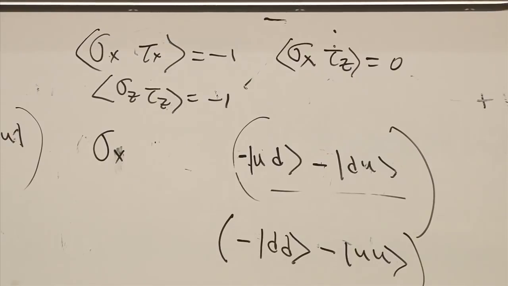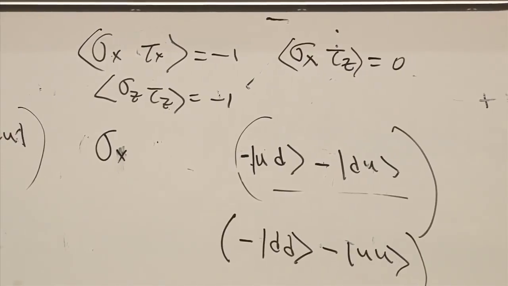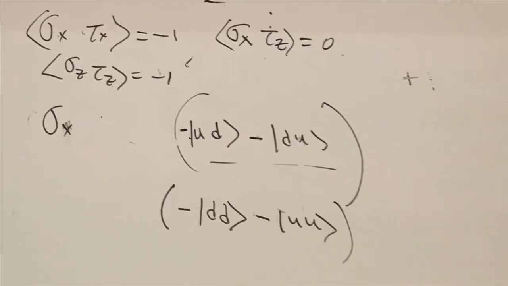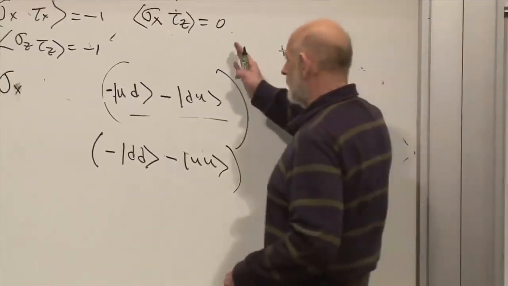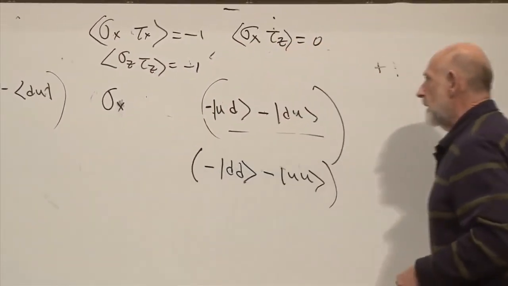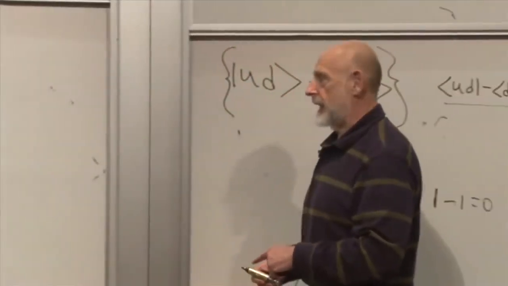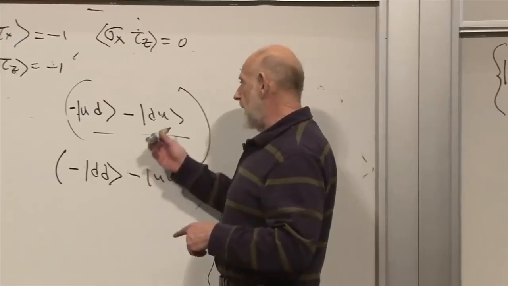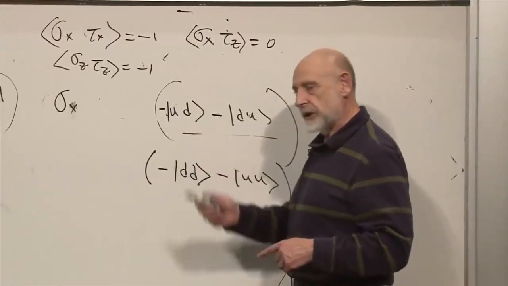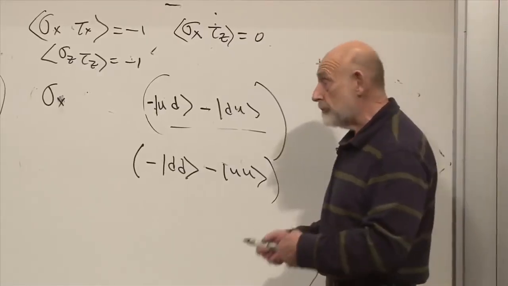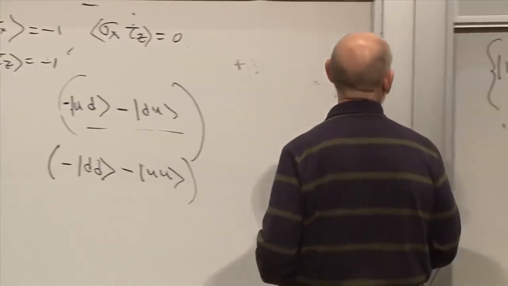Well, I don't know. The main reason I did it is because I was curious what the answer was, but I also did it just as an illustration of the machinery of calculating an expectation value. But these ones tell you clear things. What they tell you is that in a very definite sense, any given component of sigma and tau, the x component or the y component or the z component, are oppositely oriented.